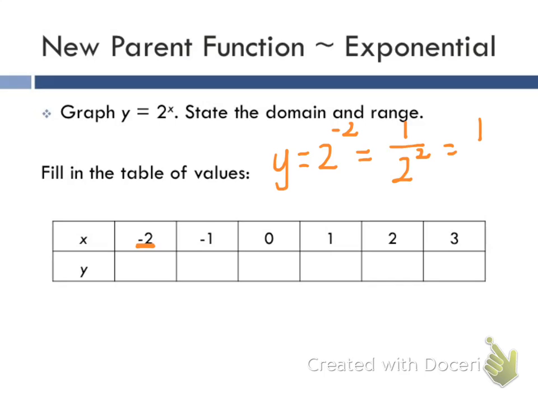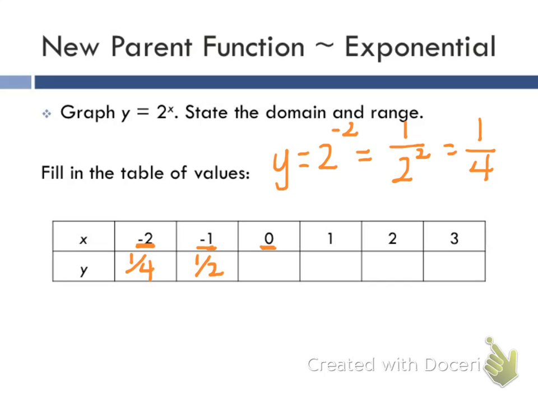So this is really the same as saying 1/4. So when x is -2, y is going to be 1/4. Now if we continue with that same logic, when I put in -1 for x, I'm going to get 1 over 2 to the first power, which is just going to be 1/2.